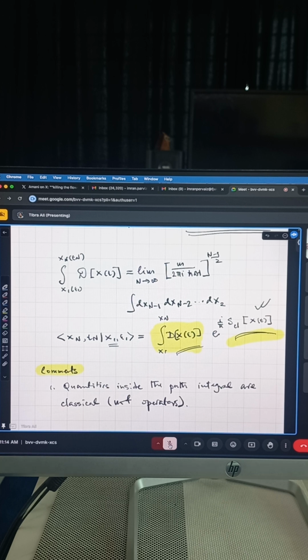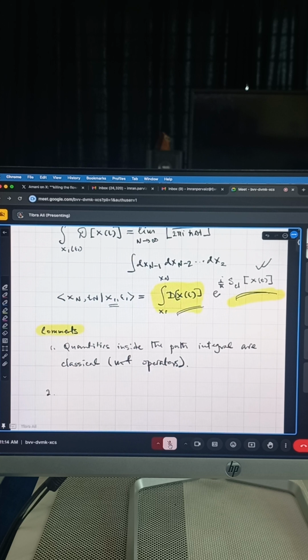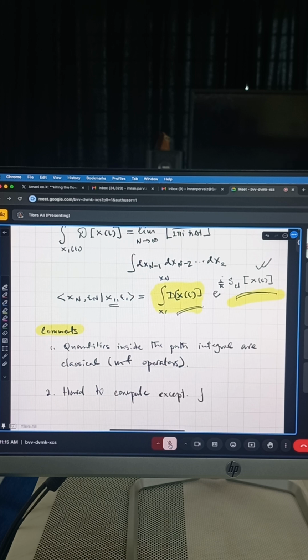Comment number two is that this is very hard to compute, for anything other than the simplest systems. So, except for, say, up to quadratic potentials. The simple harmonic oscillator is something you would be able to do. I gave you a problem.